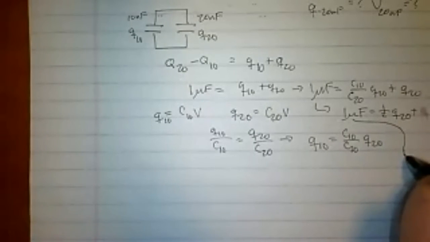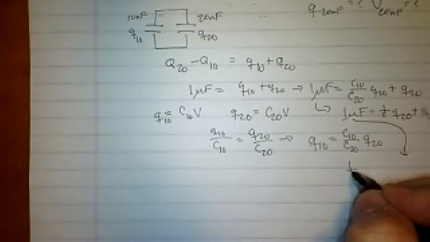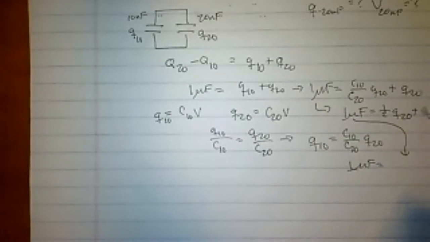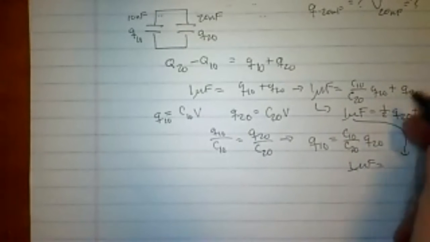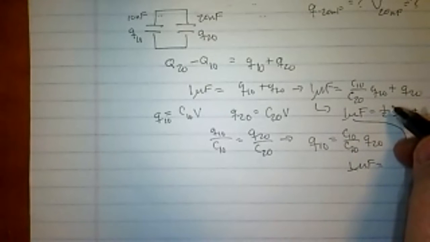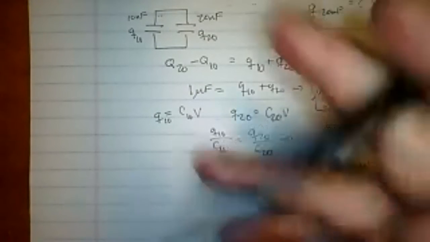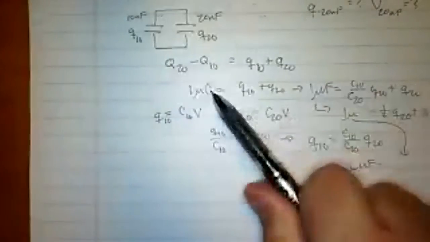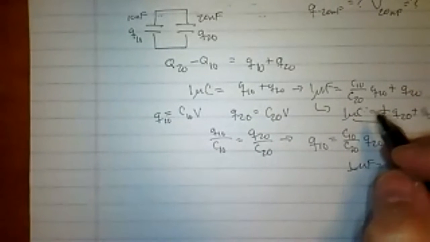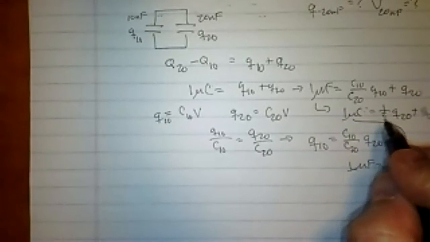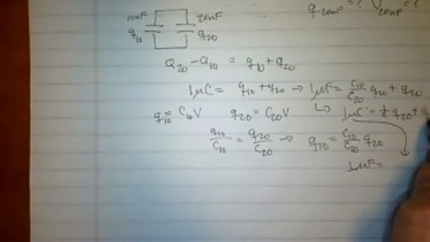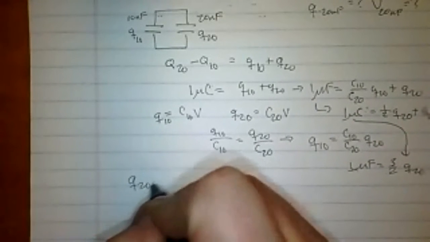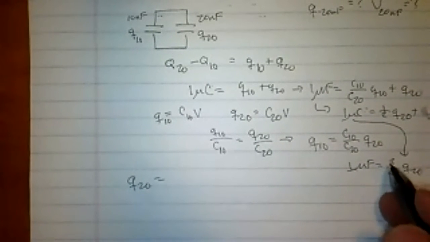By the way, the units have now changed. Oh, that was supposed to be coulombs. I was sitting there saying, wow, I got farads over there. I was supposed to write the charge there, not the farads. Anyways, back to this. 1 microcoulomb is equal to 1/2 Q20 plus Q20. Well, 1/2 plus 1 is 3/2. So that's 3/2 Q20. So I can now say that Q20 is equal to 2/3 of a microcoulomb.